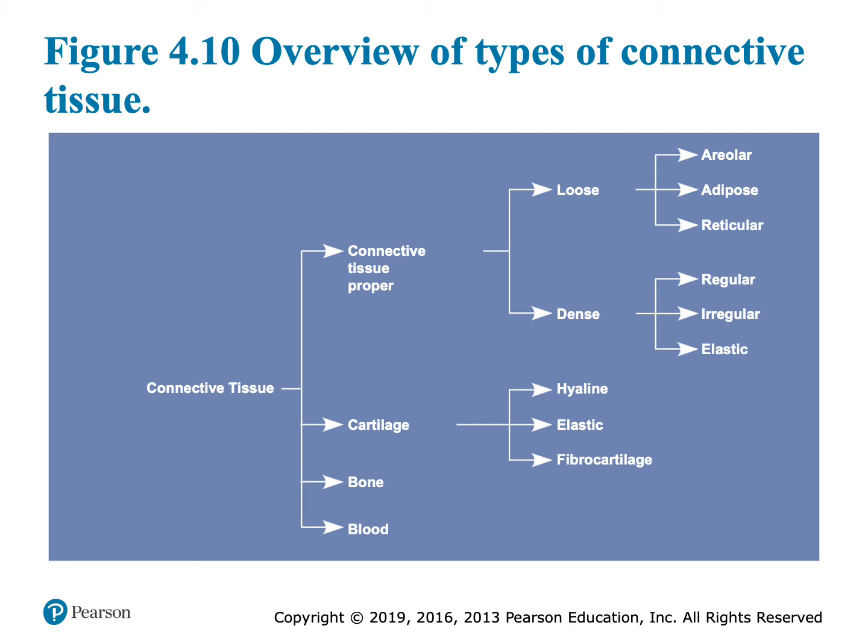In lab, you're going to look at areolar, you're going to look at adipose, you're going to look at dense regular, and nope, you don't look at dense irregular, you don't look at elastic. Then another kind is cartilage. You're going to look at hyaline cartilage and you're going to look at bone. Saving blood for AMP2. It is so cool.